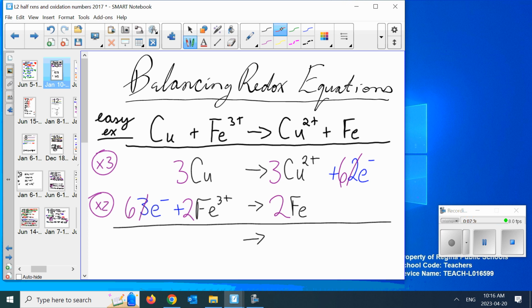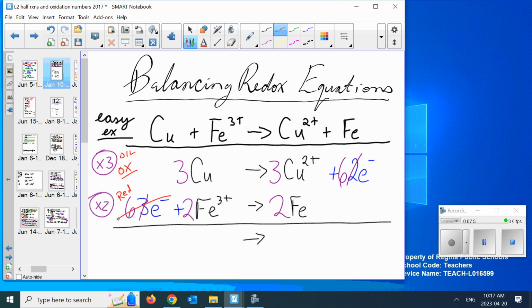Top or bottom? Actually, it's top, because they're leaving, they're exiting on the product. The OIL, I'm going to just put this here as just a figure thing. This is oxidation. Then RIG, this must be reduction. But why is it reduction? Reduction is gaining electrons. You're adding them in. So this is my reduction.